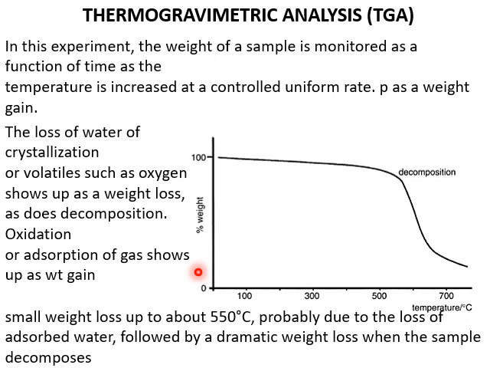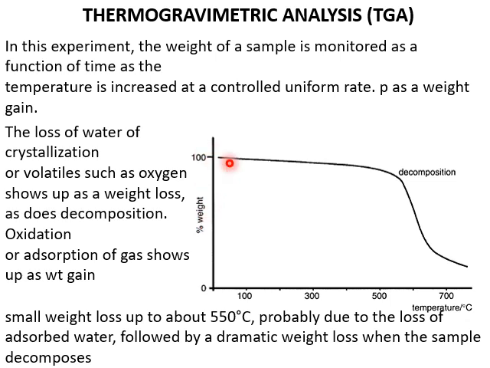DTA is only used for phase changes, but thermogravimetric analysis can give information about decomposition, oxidation, loss of water, and other information also.